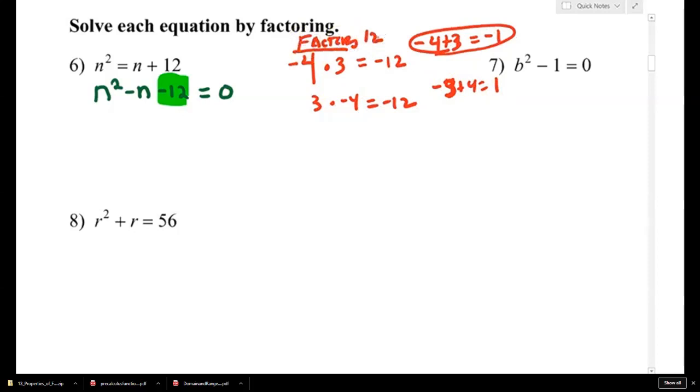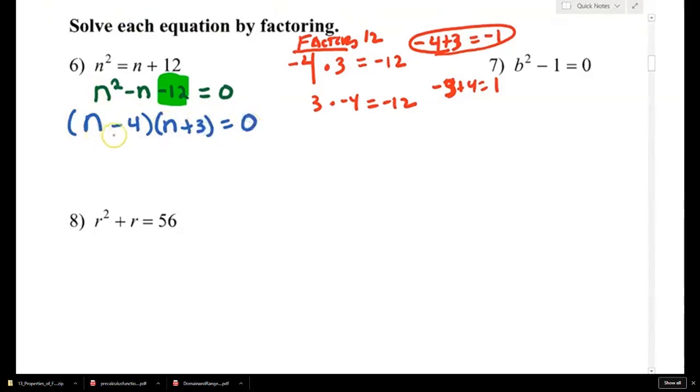And you want to figure out the ones that are going to add up to give you the middle coefficient, which is negative 1. So in this case, the factors are n minus 4 and n plus 3, equals 0.